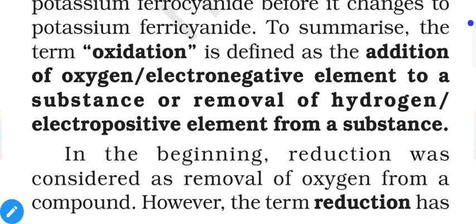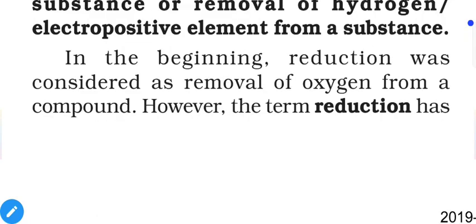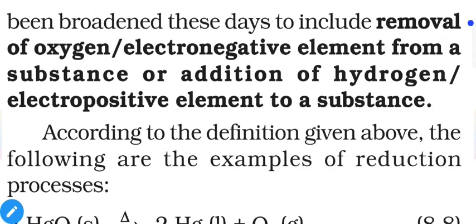Similarly, removal of hydrogen or an electropositive element is considered oxidation, so the opposite, addition of hydrogen or an electropositive element to the substance, is considered reduction. In the beginning, reduction was considered as removal of oxygen, but the term has been broadened these days to include removal of oxygen or an electronegative element, or addition of hydrogen or an electropositive element.